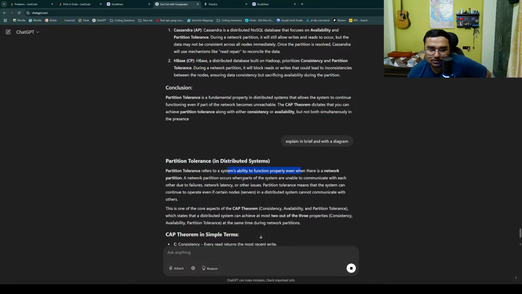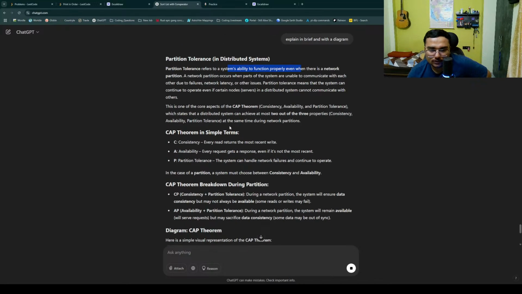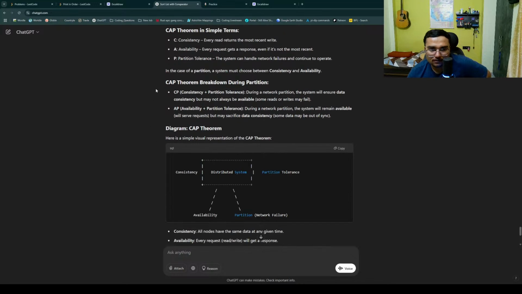A network partition occurs when parts of the system are unable to communicate with each other due to failures, network latency, or other issues. This is one of the core concepts of CAP. Okay. During a network partition, the system will ensure data consistency, but may not always be available. Some reads or writes may fail.